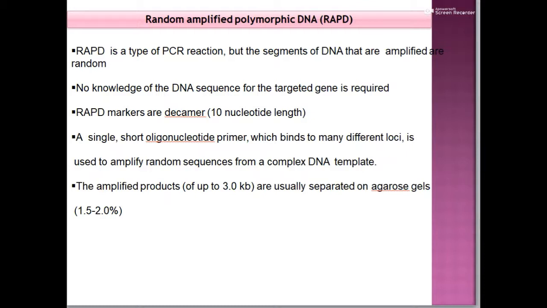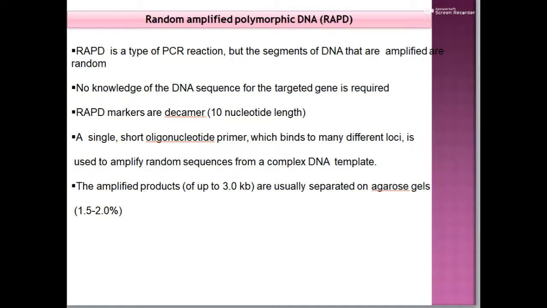We'll continue with the RAPD. That's also a modification of PCR, where segments of DNA are amplified at random and no knowledge of the DNA sequence of the targeted gene is required. Usually RAPD markers are decamers, made up of 10 nucleotides, and a single primer will bind to many different loci. So it is mainly used to find out whether different varieties are present.